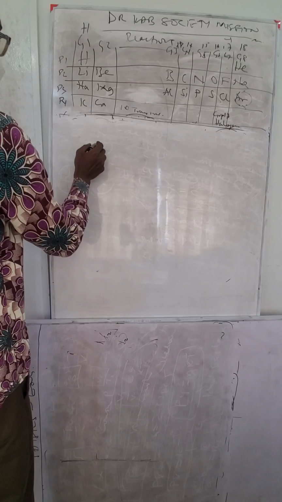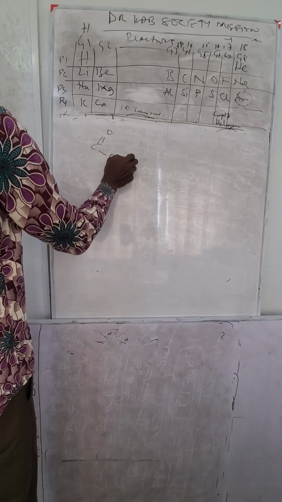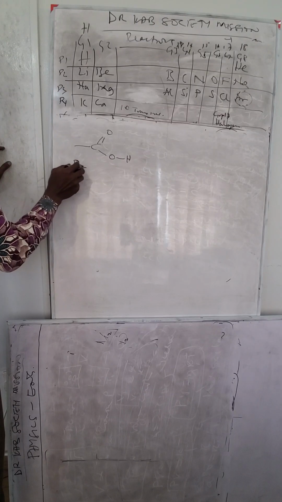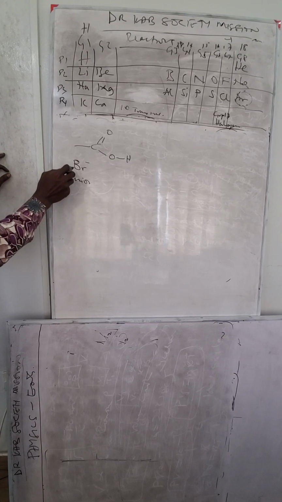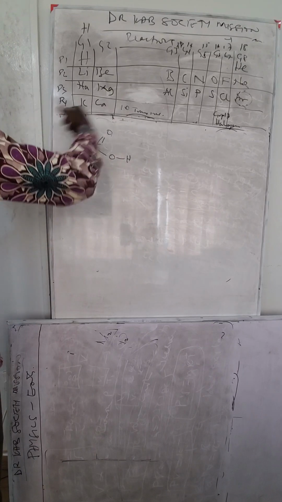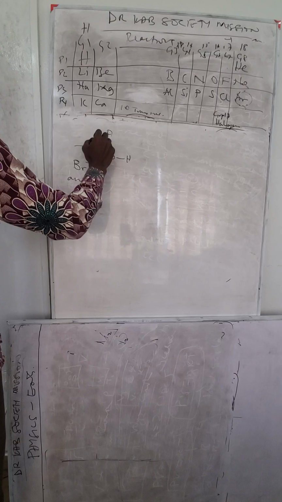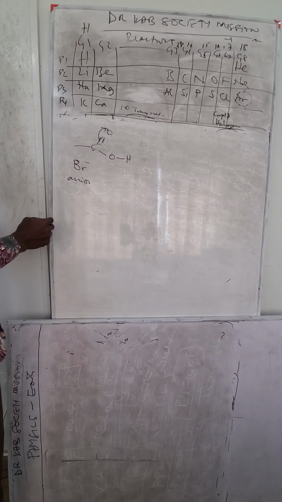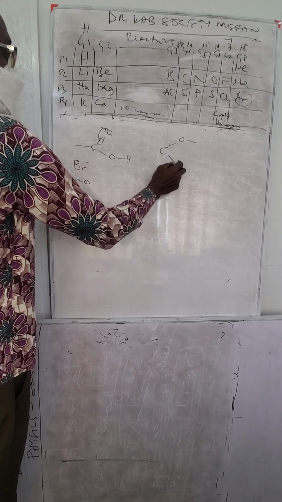Now let's look at this bond. Now sometimes you can have, let's say, let me put bromine here. It is -1. That's a bromine anion. Now remember that we said C and oxygen, they are not the same. In terms of pulling electrons, the electronegativity of oxygen is not the same as this. So oxygen will pull more of the electrons being shared onto itself, to the point that sometimes it can become this minus, okay, like this here.